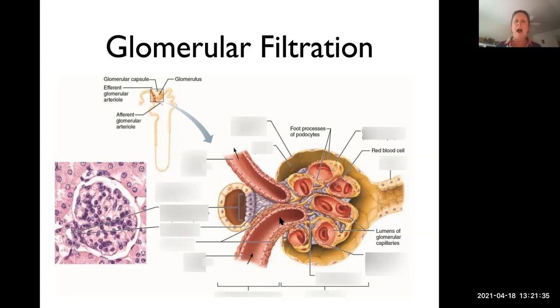Now, the first mechanism to control glomerular filtration rate is called autoregulation. And this only responds to when the hydrostatic pressure of the blood, not so much in the glomerulus, but the hydrostatic pressure of the blood arriving at the afferent arteriole, is too high.